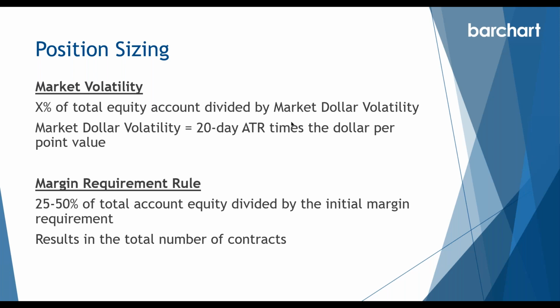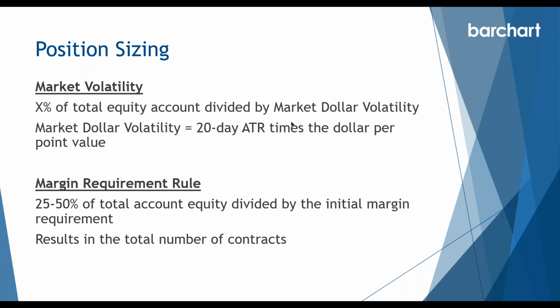So there's two formulas that you can use. One is called the market volatility formula. And what we do here is we basically look at a percentage of our total equity, how much is in our trading account, and we're going to divide it by what's called the market dollar volatility. Now, what is the market dollar volatility? Well, I've used the 20-day ATR.